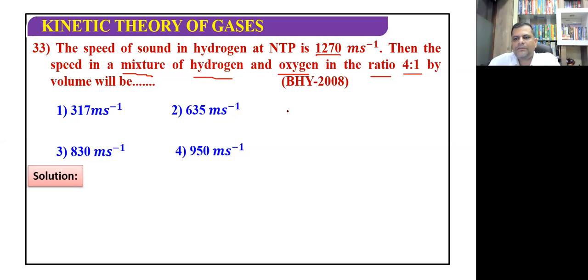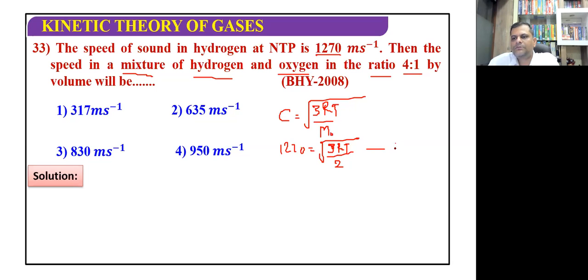देखो RMS स्पीड का फॉर्मूला क्या है हमारे पास, C is equal to root of 3RT upon m naught, where m naught is going to be the molar mass, बराबर? ठीक है, so when the temperature is constant, the RMS velocity will be inversely proportional to the square root of molar mass here. तो यहाँ पे C is given to be 1270, which is going to be root of 3RT upon m naught, where m naught is nothing but molar mass of hydrogen, which is going to be 2 here.